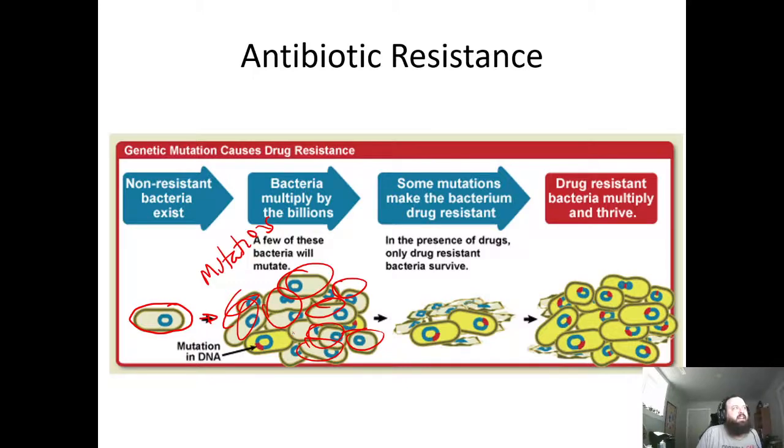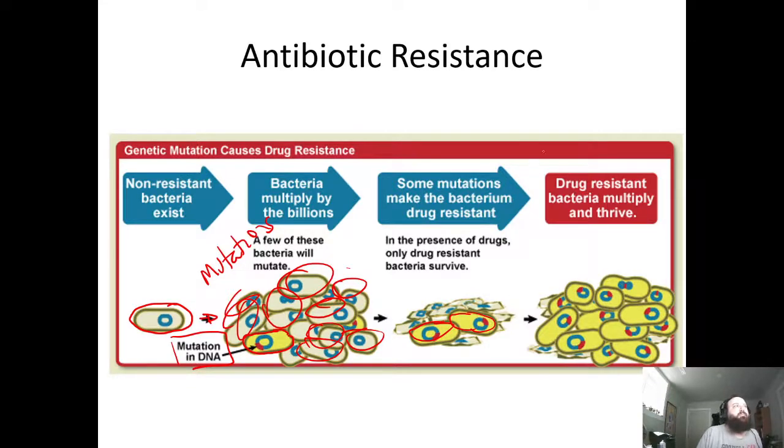It's not 100% copy from one generation to the next. And so some very small number of those billions of bacteria that have been produced will carry a mutation that will make the bacterium drug resistant. So in a population of, say, 1 billion bacteria, you may have 1 or 2 cells that are to some extent resistant to the drug.